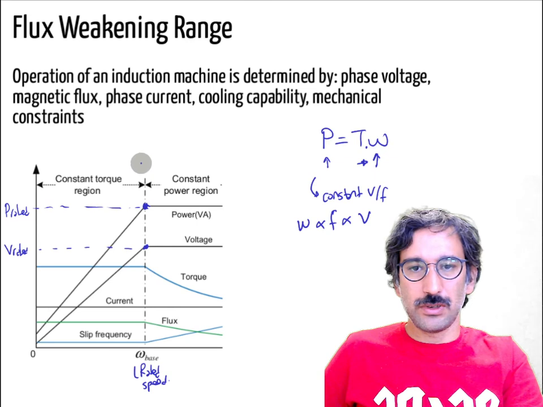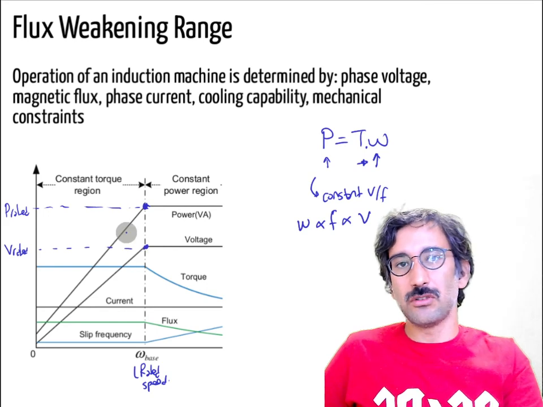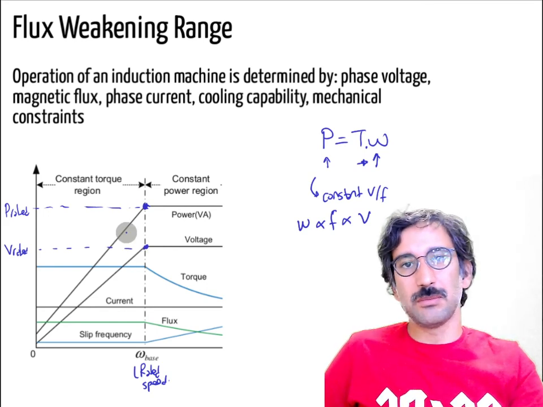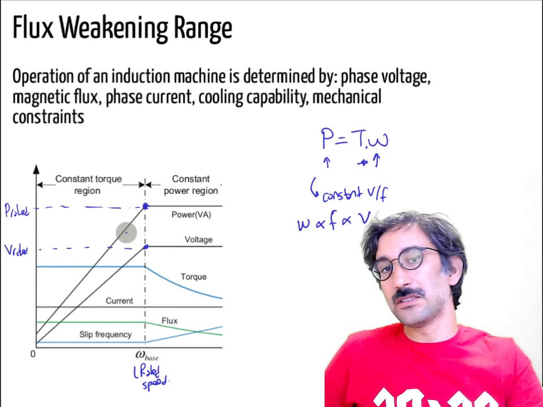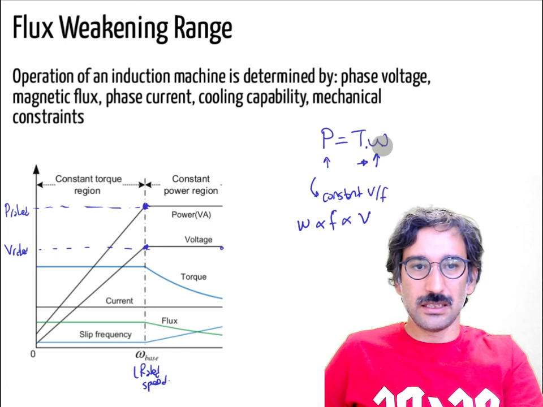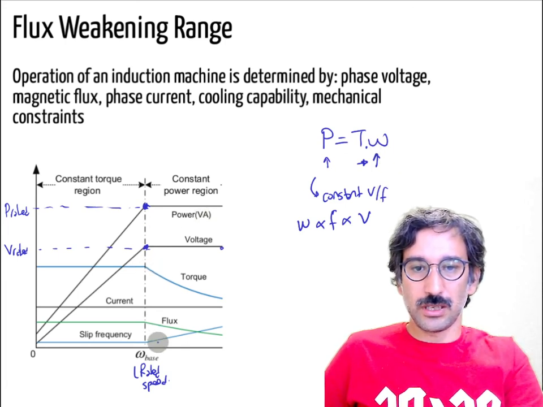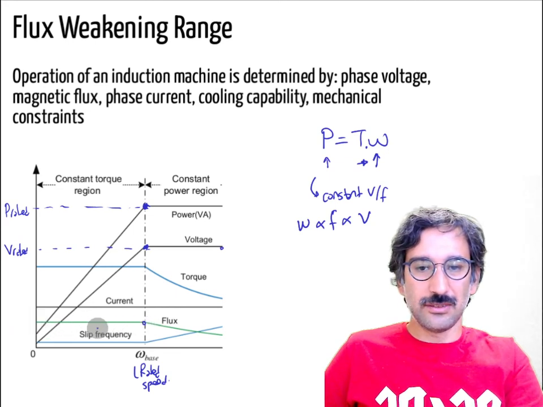Once you reach that point, you don't want to apply a larger voltage than your rated voltage, or as I said, maybe you are limited by the voltage limit of the battery or grid voltage. So you keep the voltage constant, but the flux, which was constant, the green one, during that first region, will now be reducing.